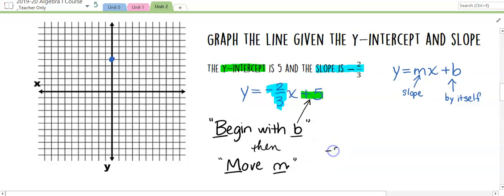So I want to move negative 2 over 3. That means I want to rise down 2 and run to the right 3. So starting where I just put my b, I'm going to go down 2, right 3, down 2, right 3, over and over as many times as I'd like, so that I get a nice line.